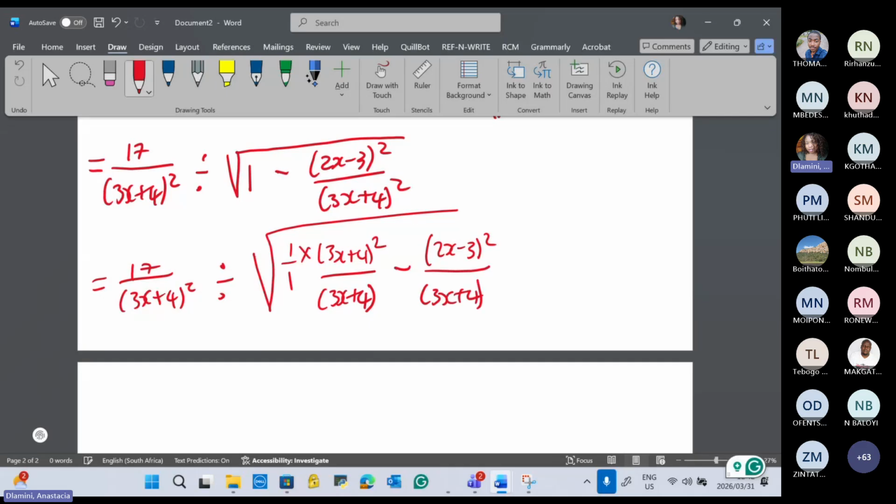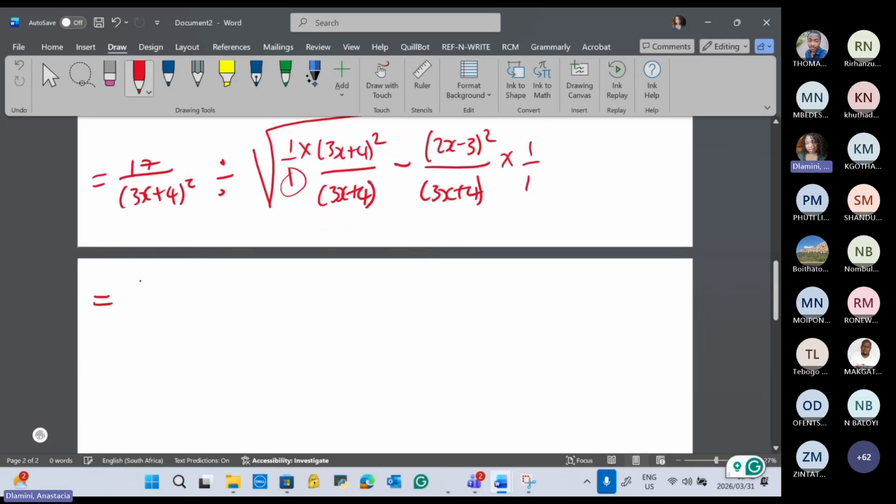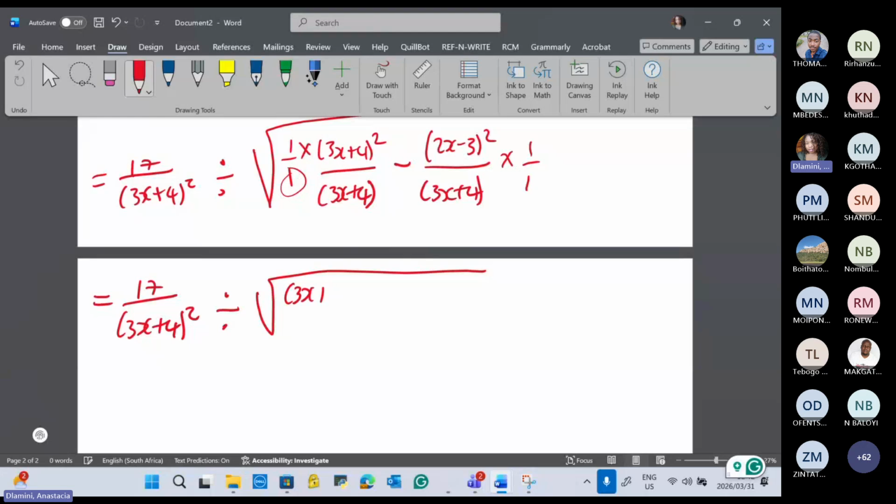Normally, I like to multiply the denominator this side times 1 over 1.